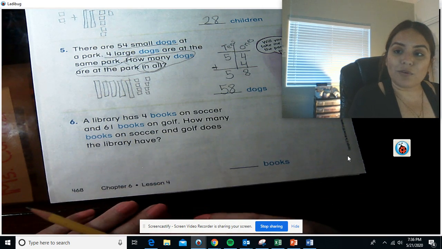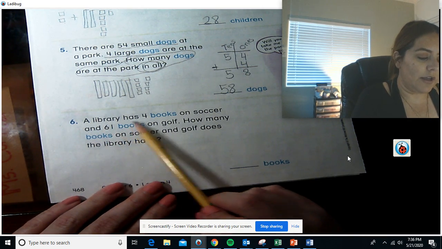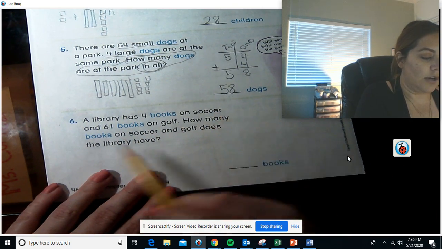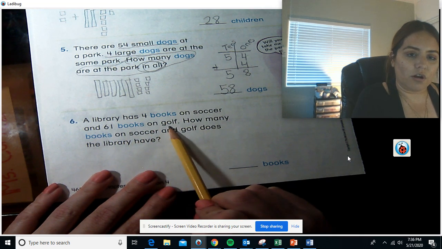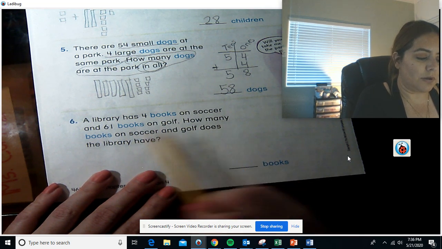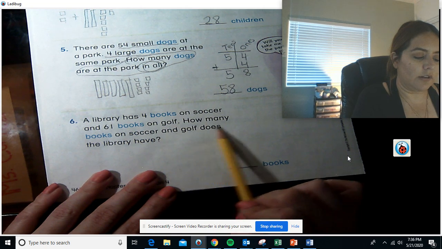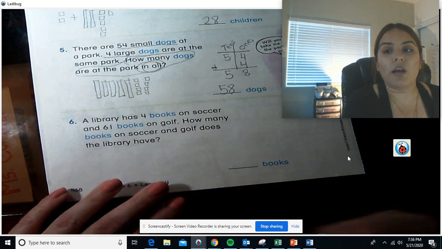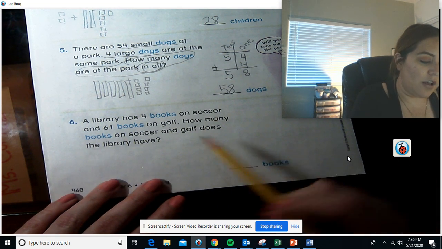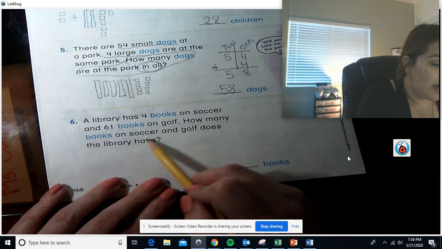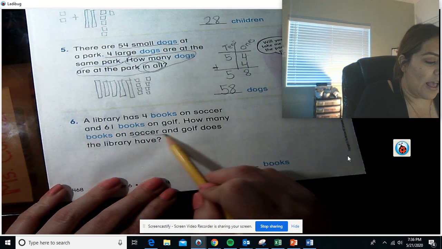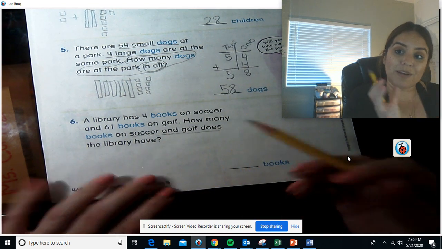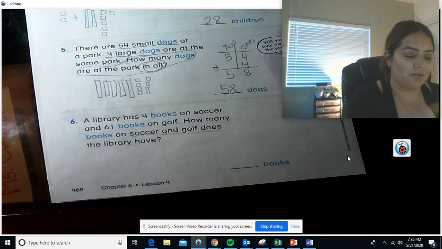Okay, and then our last one on this page says, a library has 4 books on soccer and 61 books on golf. How many books on soccer and golf does the library have? So this one doesn't have a keyword like in all or all together, but it's asking me how many books of soccer and golf. So that means I'm going to have to put both of them together, right?